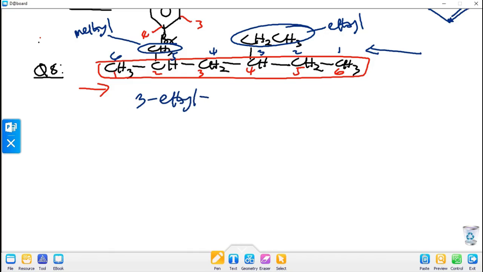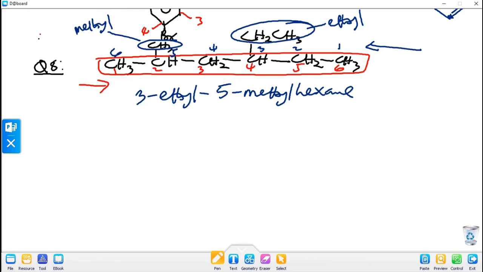And methyl is at position 5, so 5 methyl, and the parent chain is 6 carbon atoms. So that will be hexane. 3 ethyl, 5 methyl, hexane. And it's as simple as ABC. That is it.